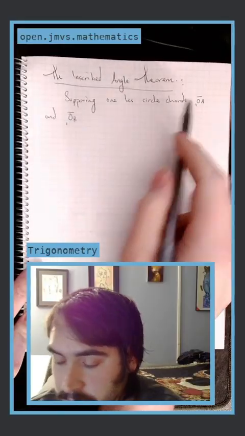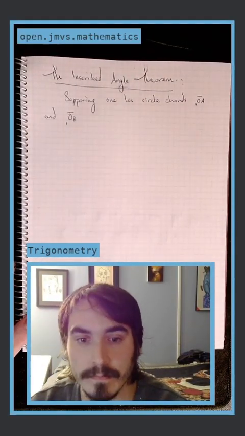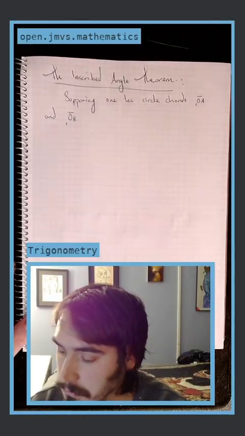Notice they share a symbol in their names, and so they have a common location on the circle.